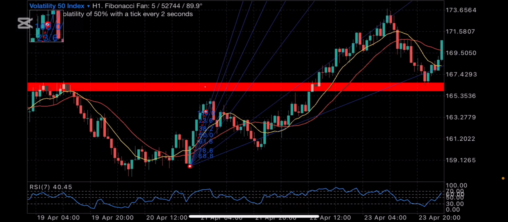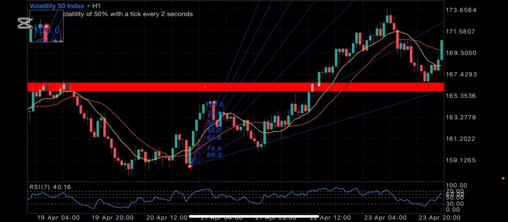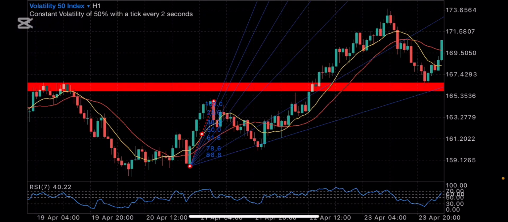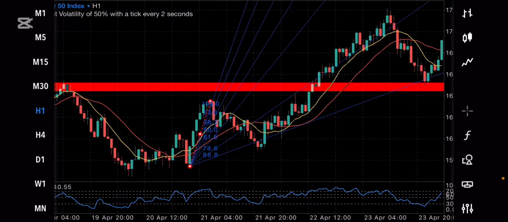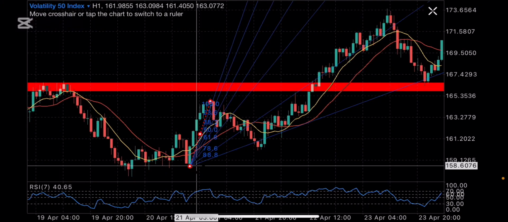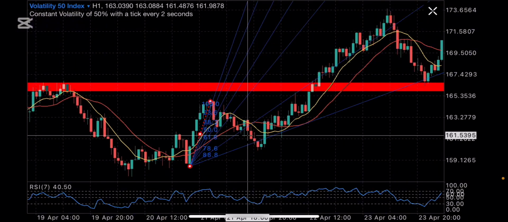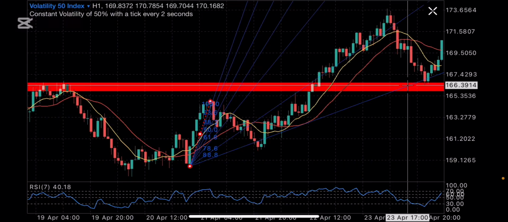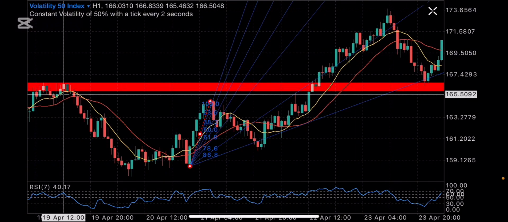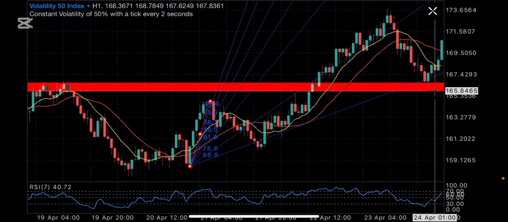Let me put this fib fan more accurately. Alright, good. I'm just trying to make the fib fan touch this top and also this top. So you can see how price was able to go all the way and touch this zone, which was a good resistance zone previously and will most likely become a support now.